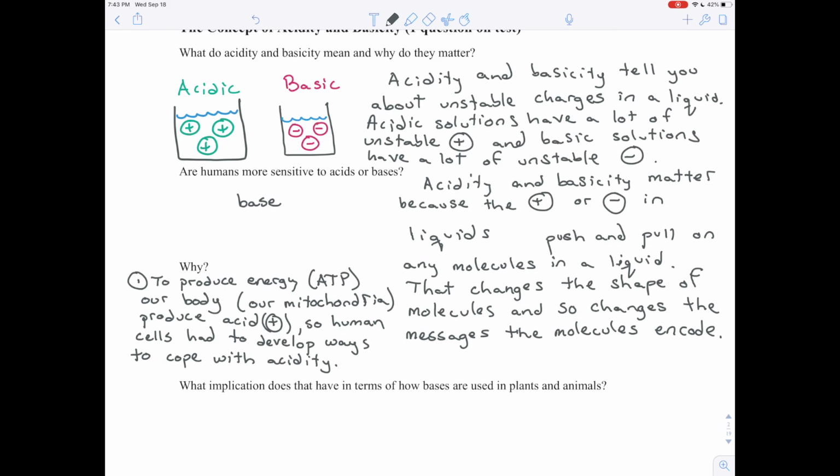Since making that ATP produces acid, our biology had to develop ways to cope with that acidity.